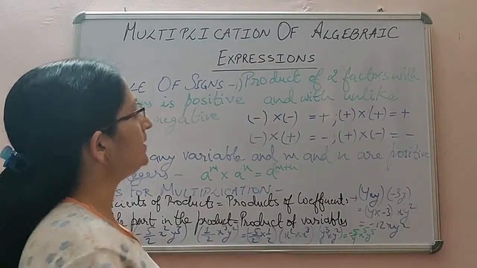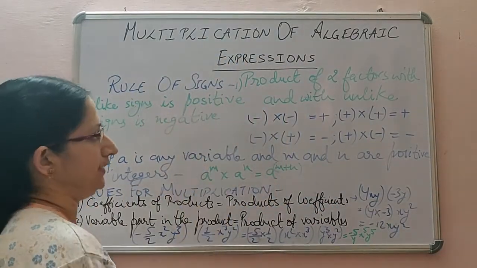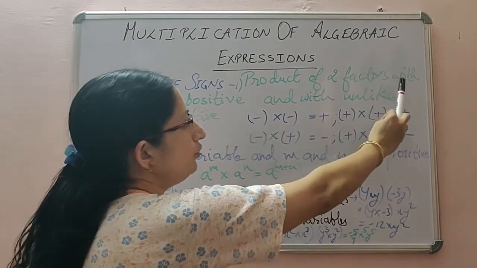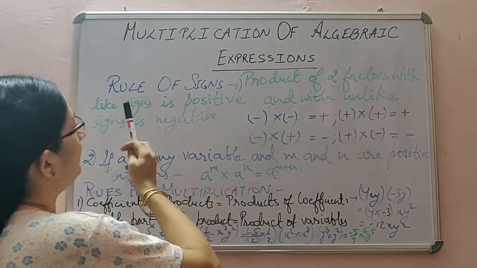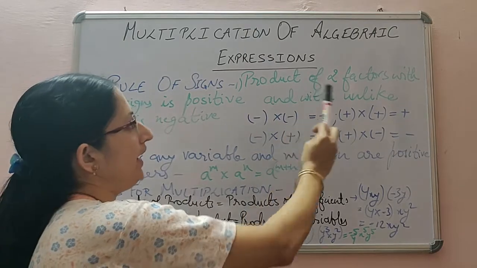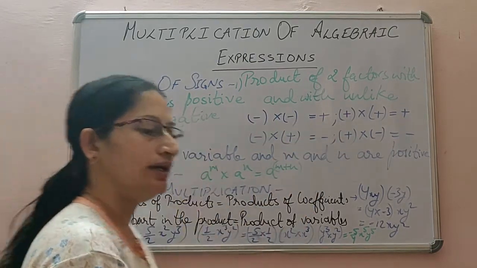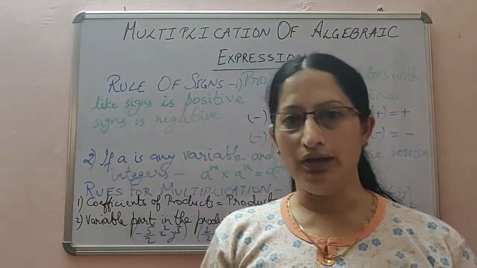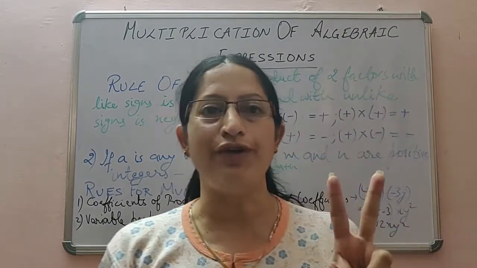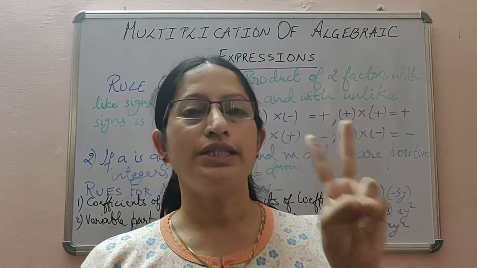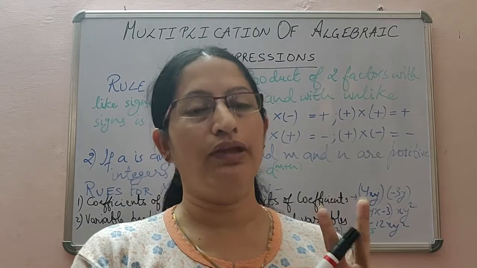So first is the rule of signs. Product of two factors with like signs is positive and with unlike signs is negative. So always the product of two factors which are having like signs will be positive.